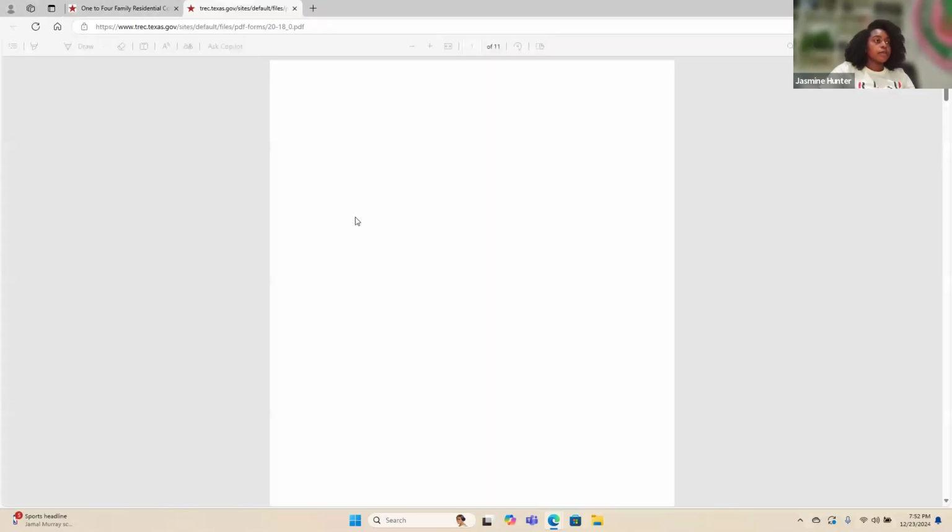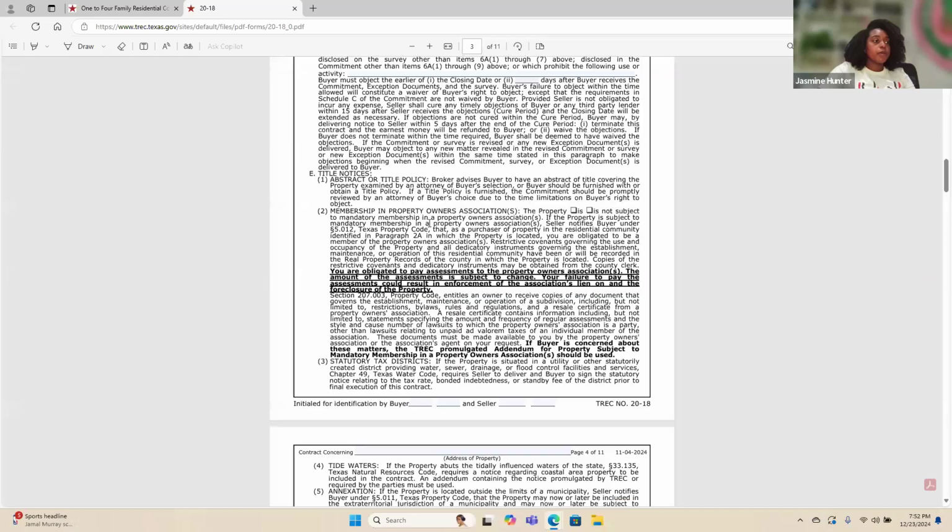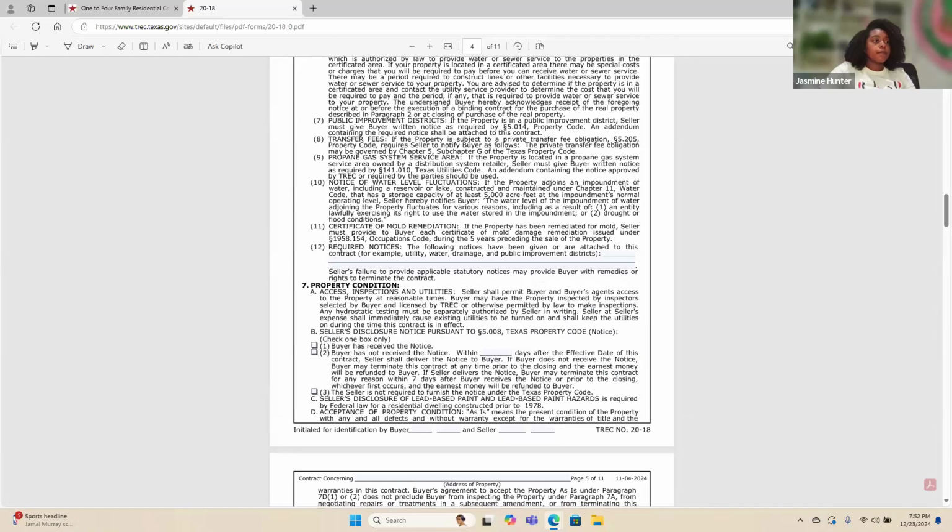If you scroll down to paragraph 6, it has a little blank spot and it says required notices. Let me highlight that for you. This is for your PIDs, your MUDs, any kind of notice that you would have to give.